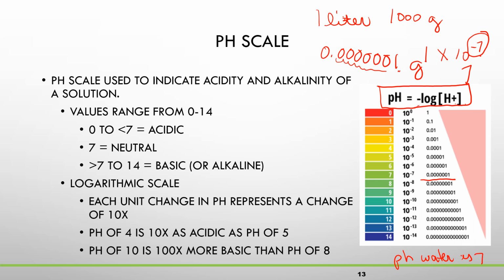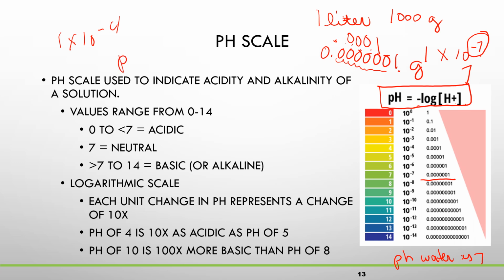Now, as you get more hydrogen ions, this concentration increases. So instead of having, for example, 6 zeros, suppose you only had 4 zeros. That would be 1, 2, 3, 4. That would be 1 times 10 to the minus 4.